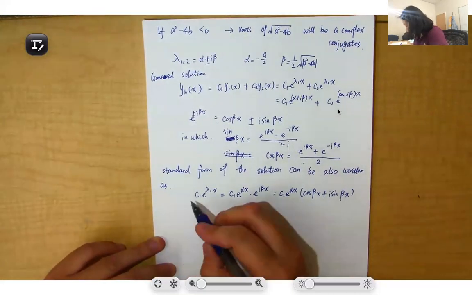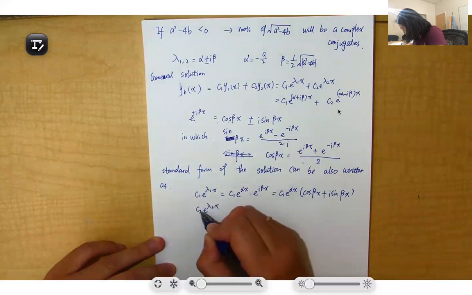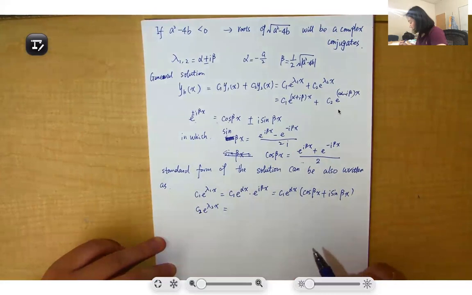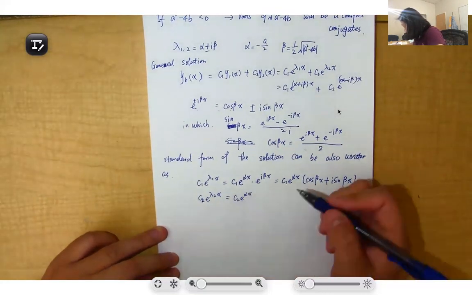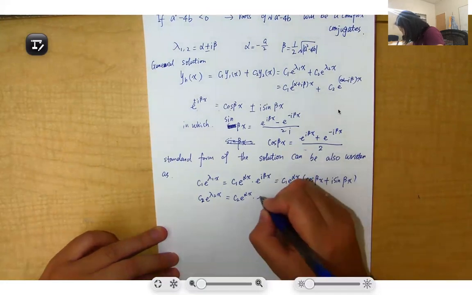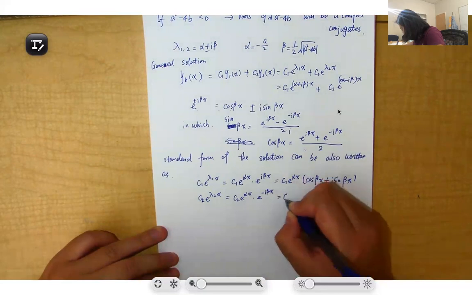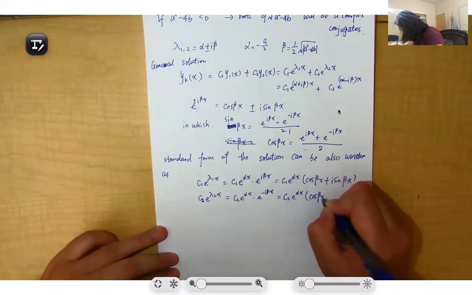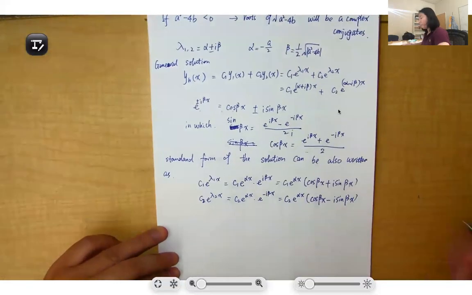Similarly, the second solution, C2 e to the lambda 2 x, is C2 e to the alpha x times e to the minus i beta x, which is C2 e to the alpha x times cosine beta x minus i sine beta x, okay?